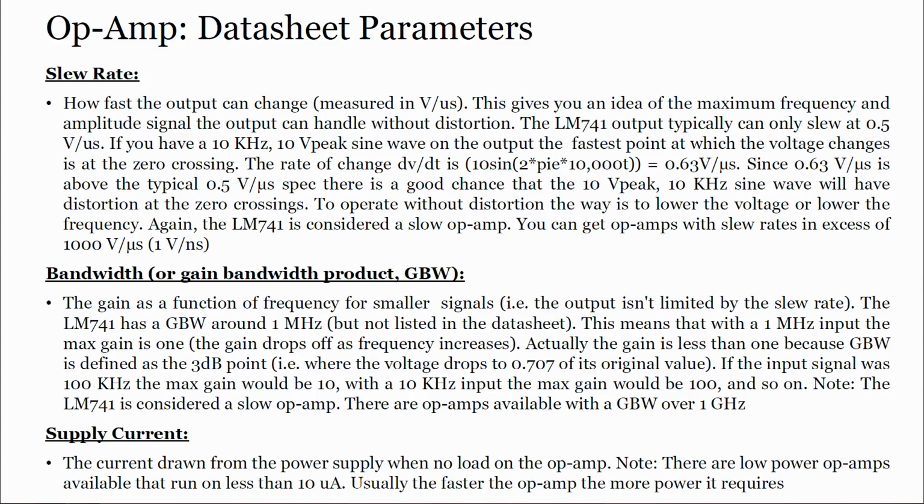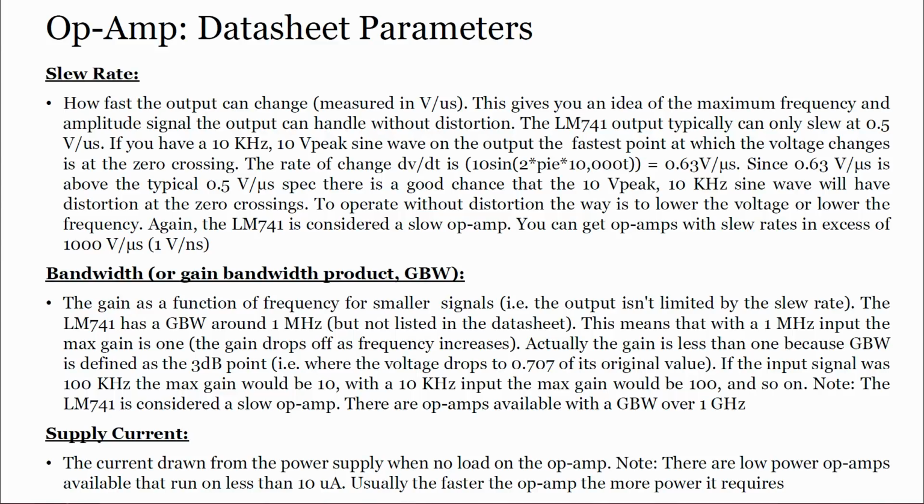The rate of change is dV by dt. So, 10 sine 2 pi into 10,000, since 10,000 is 10 kilohertz, equals 0.63 volts per microsecond. Since 0.63 volts per microsecond is above 0.5, there is a good chance that the 10 volt peak, 10 kilohertz sine wave will have a distortion at zero crossing.